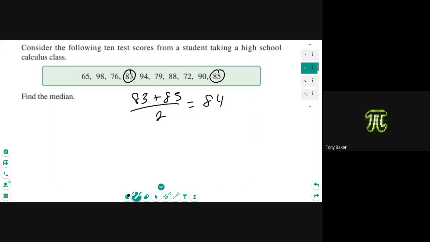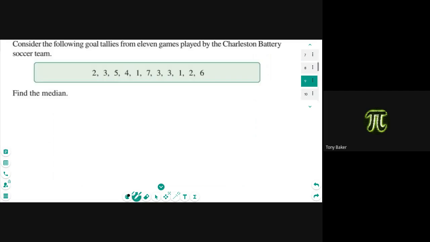Because I have 10 numbers, I have to add the two middle numbers and divide by 2. So your median will not necessarily always be a number that's in the data set. Sometimes it can be between two numbers. That is possible. All right, find me the median of this one.